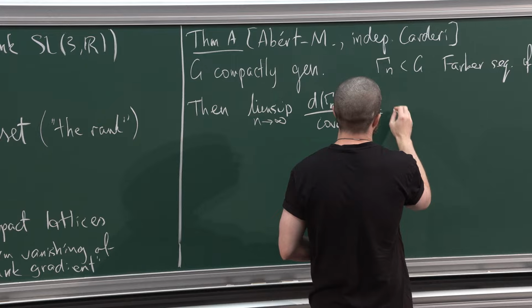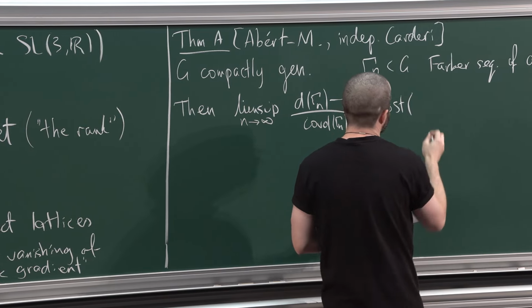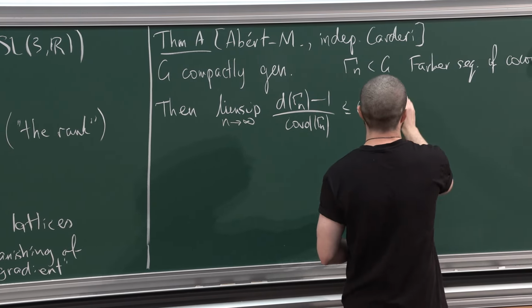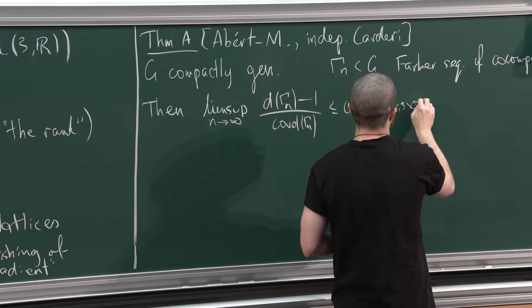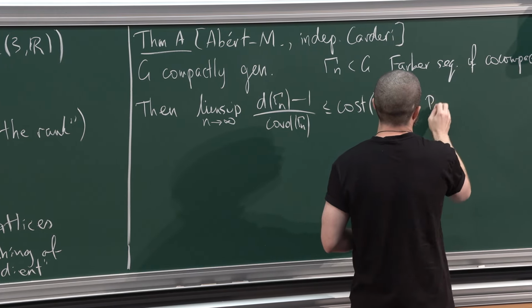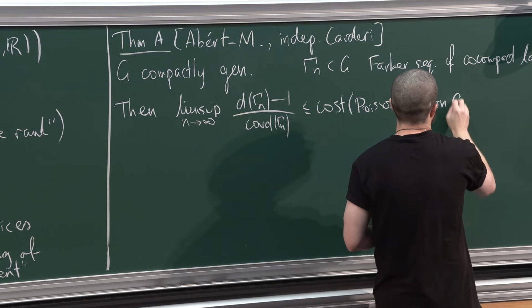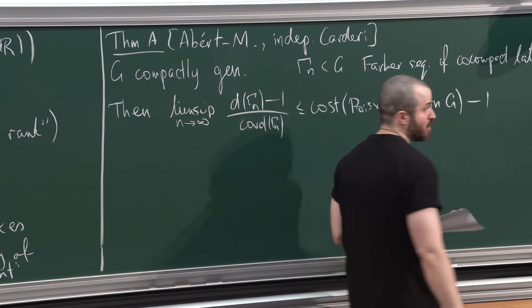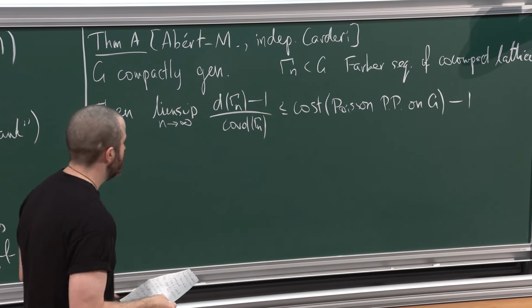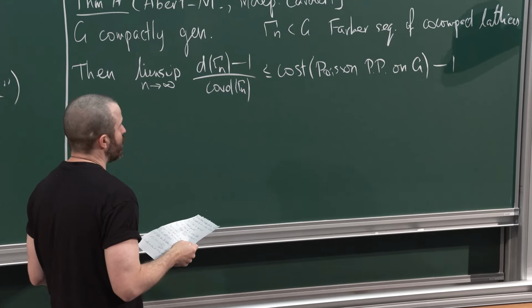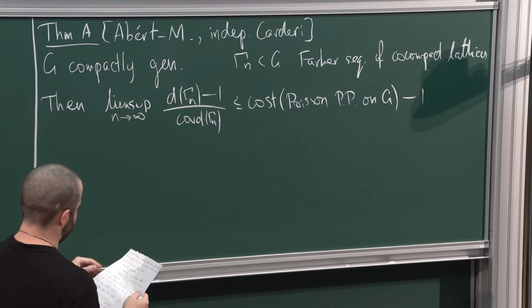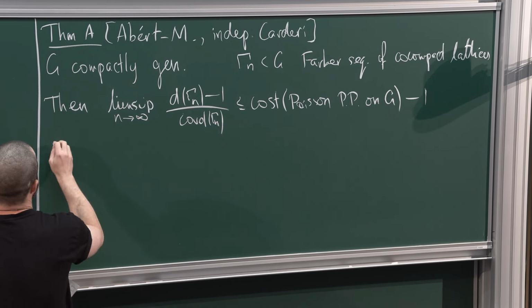This turns out to be dominated by, or controlled by, some mysterious quantity for you for now. Something called the cost of the Poisson point process on G minus 1. OK? And I won't leave you in suspense. I'll talk more about this theorem, but I want to get the other one immediately on the board.